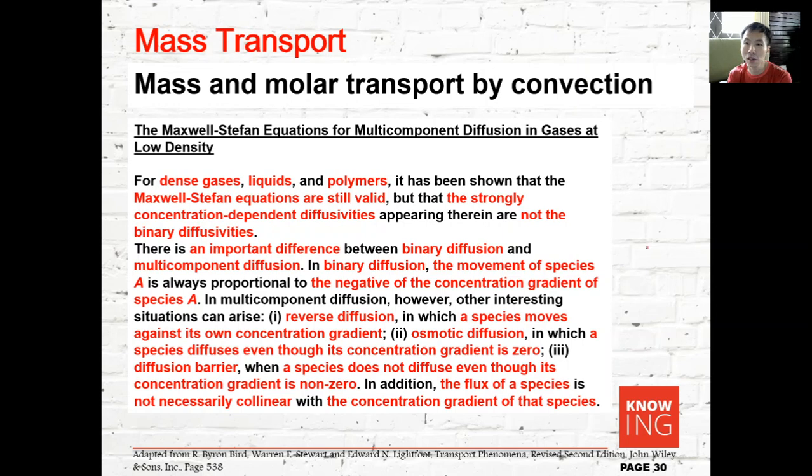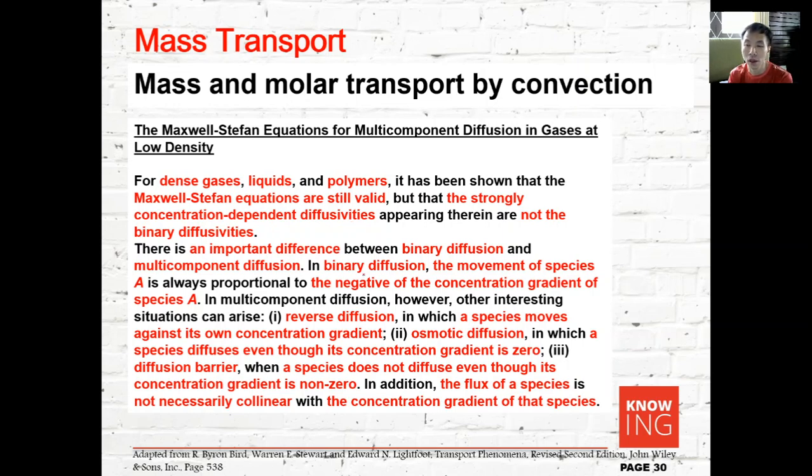For dense gases, liquids, and polymers, it has been shown that Maxwell-Stefan equations are valid, but the binary diffusivities that are given for these systems are strongly dependent on the concentration, so they are not really binary diffusivities.